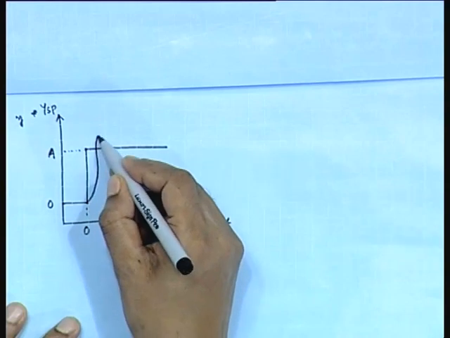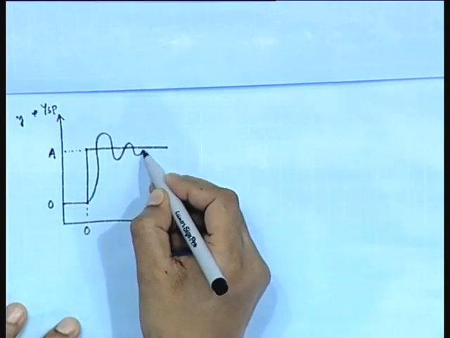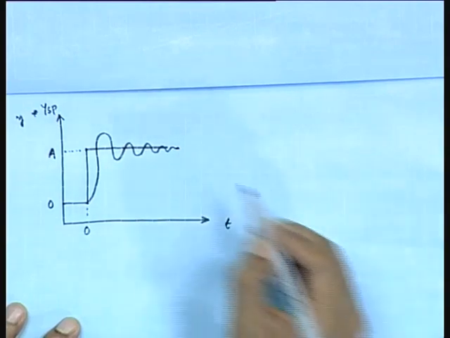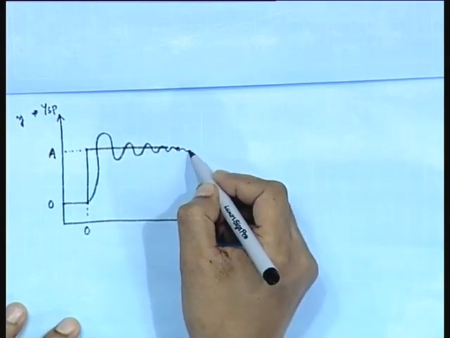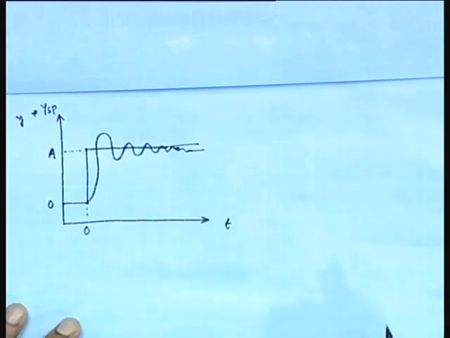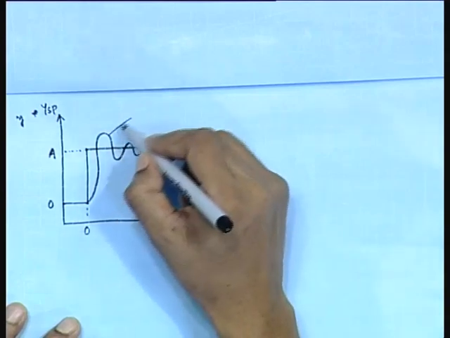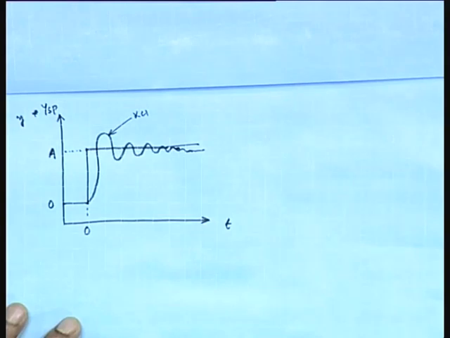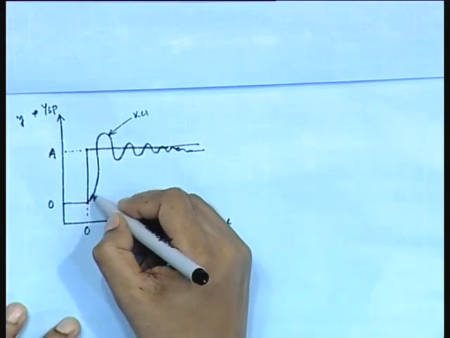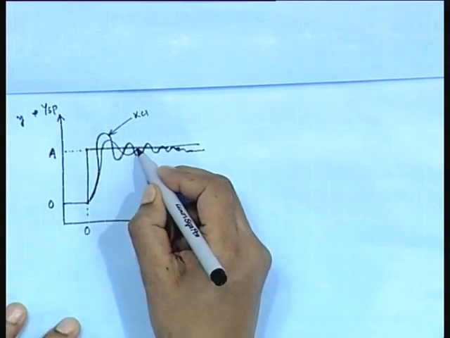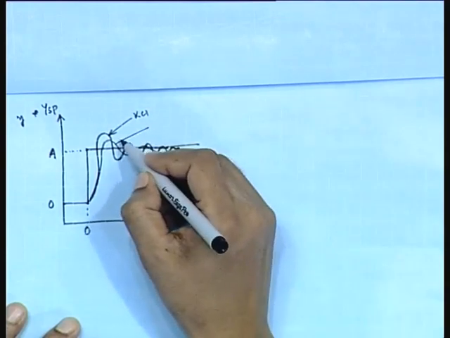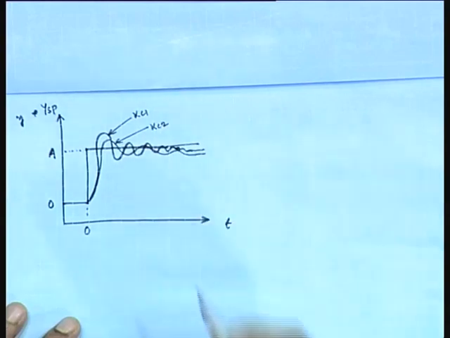Now, the closed loop response is like this for a particular Kc, that is suppose Kc1, and this is for another Kc, suppose Kc2.